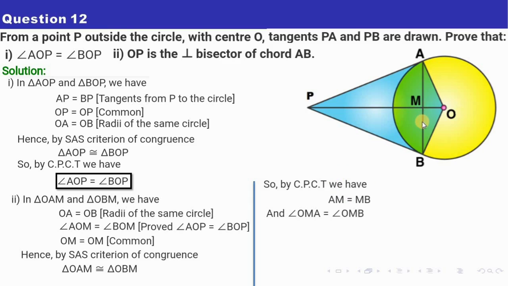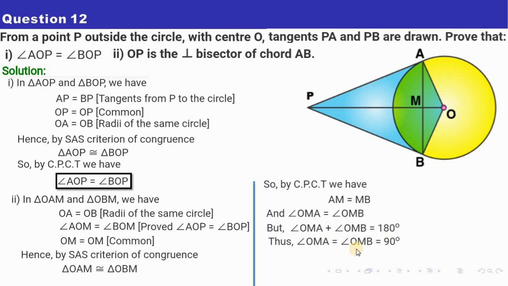AMB is a straight line, isn't it? So it will be 180 degrees. The sum of OMA plus OMB gives me AMB, which is 180 degrees, right? Since both of them are equal, obviously the value of both has to be 90 degrees, because 90 plus 90 only gives me 180 degrees.